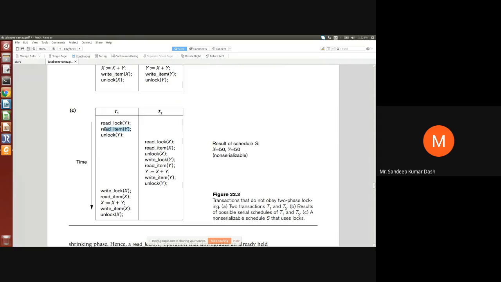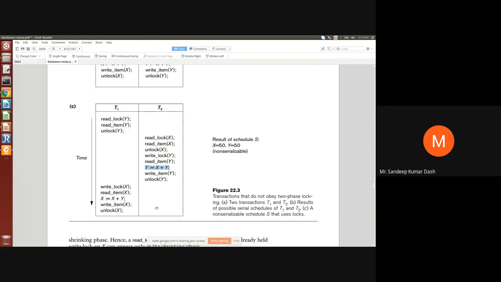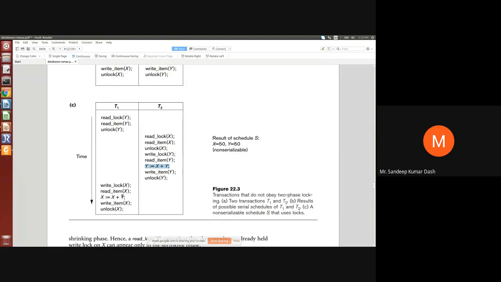Unlock Y should have been somewhere later, and then T2 would not have been allowed to have a write lock on Y. If the read lock had not been released here, T2 would not be able to write into Y at this point of time. It should have been shifted somewhat afterwards, so that this would be proper.